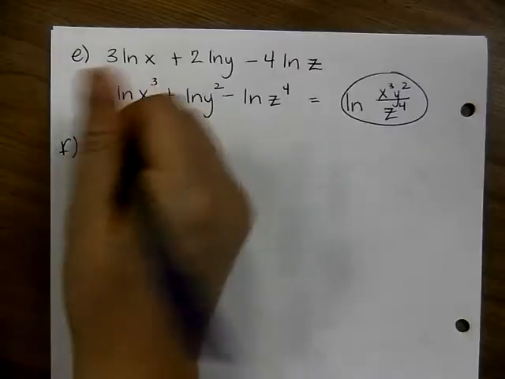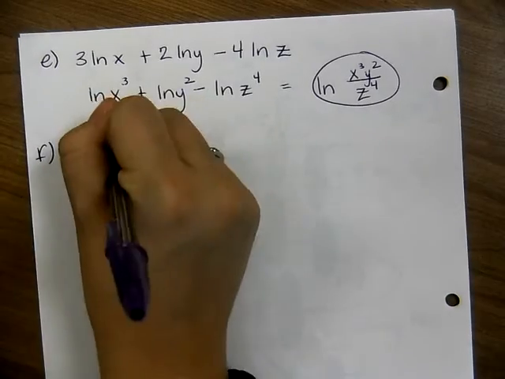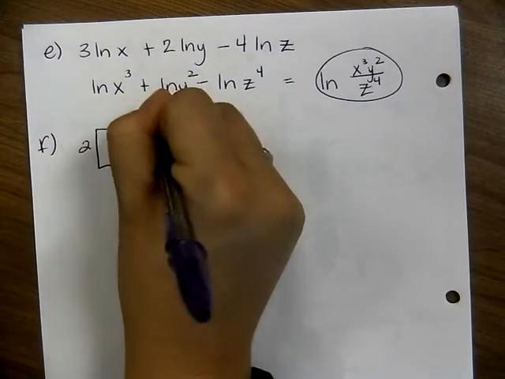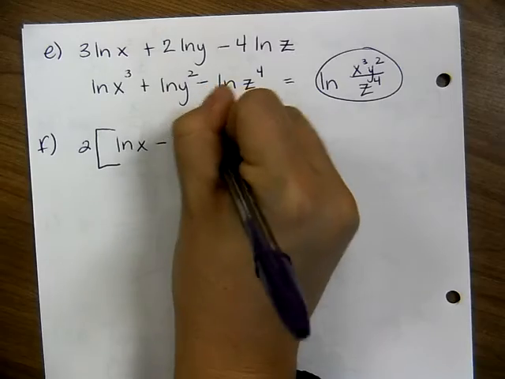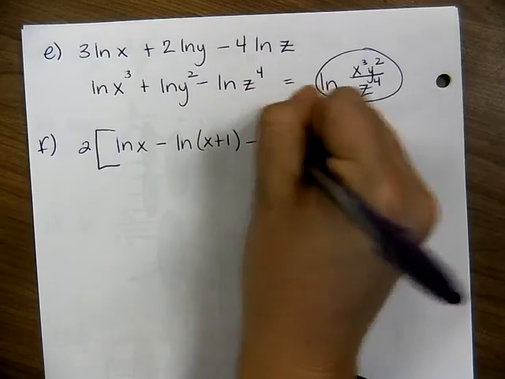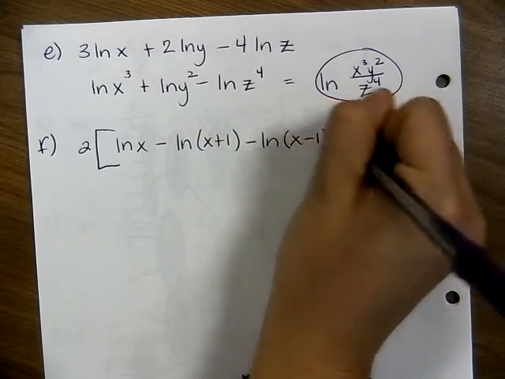Now, what if we had this one? 2, let's do some brackets here. Natural log of x minus the natural log of x plus 1 minus the natural log of x minus 1.